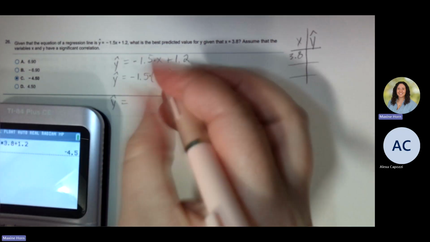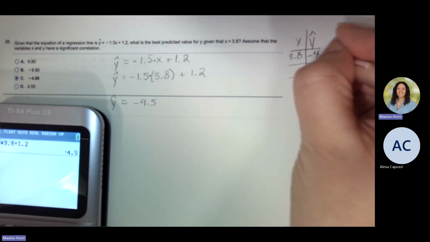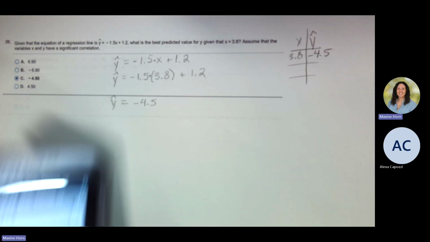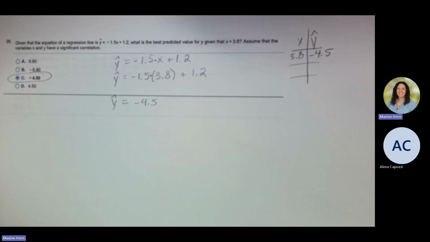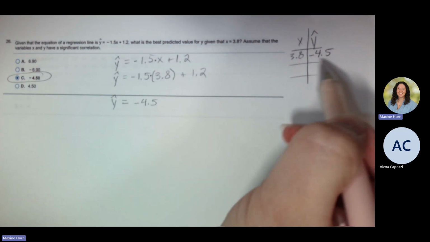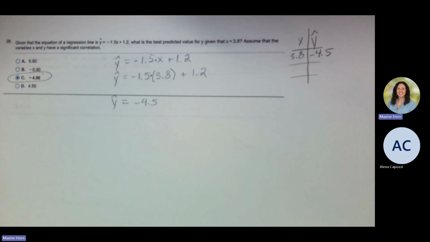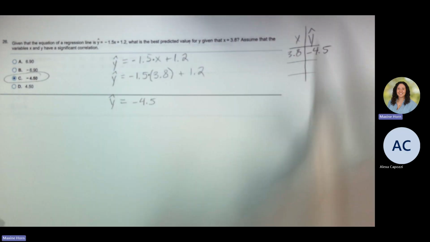And that's going to give me negative 4.5. My corresponding y value is negative 4.5. Well, if I go to 2 decimals, 4.50. So you're just plugging in the value to estimate what that y would be. We don't know what exactly it is, but that's the estimate, the best predicted value.